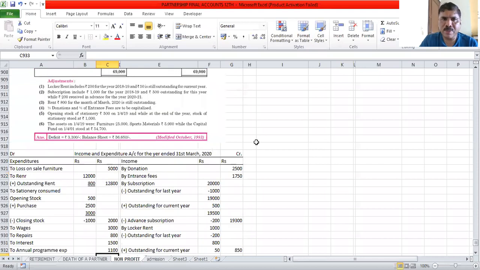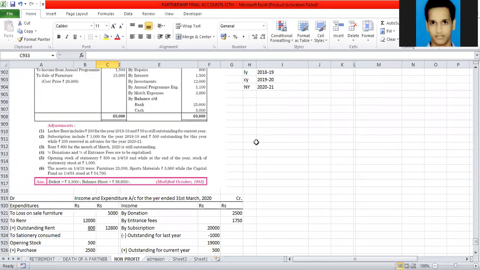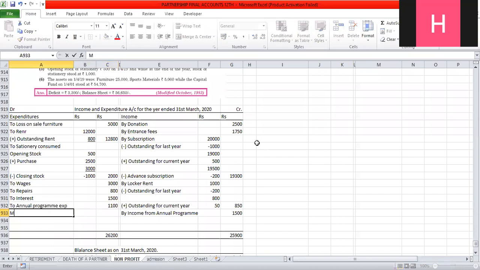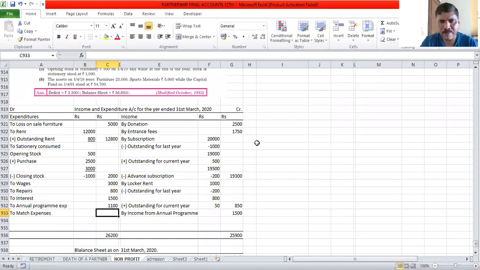How much is the amount? 1,100. Then we have match expenses. Where will you take match expenses? Expenditure, to match expenses. Amount is 3,000.